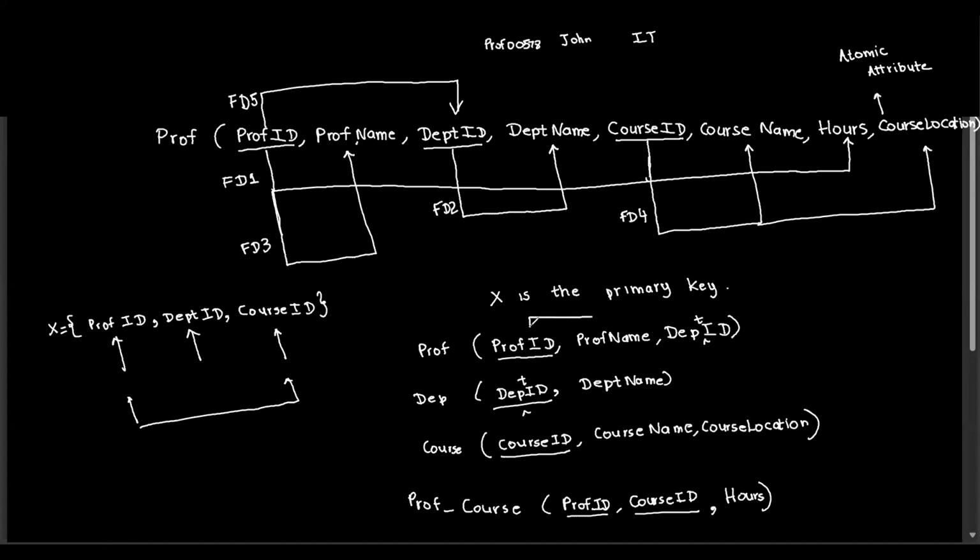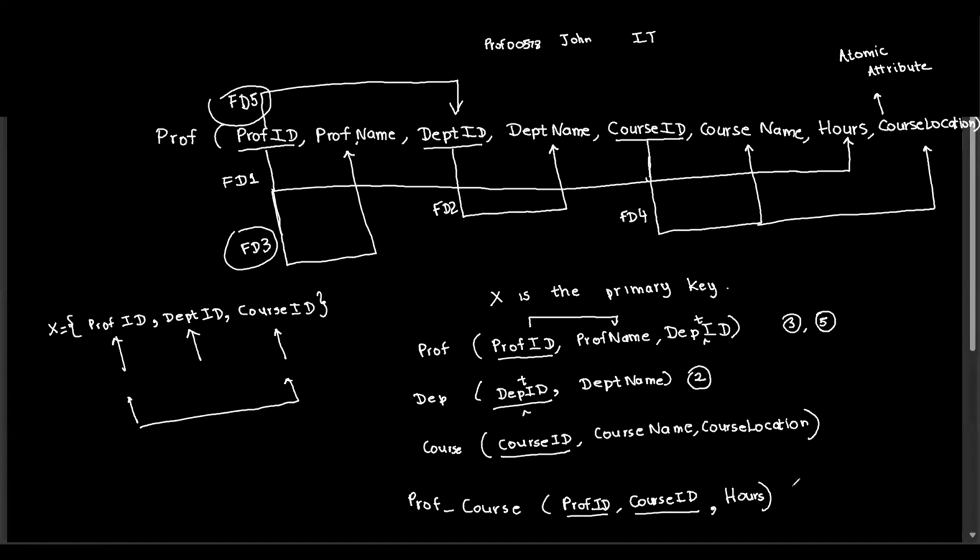Well, here everything is done. We have functional dependencies 1 and 3 and 5 satisfied in the first relation, and the second one, FD2, is satisfied in the second relation.